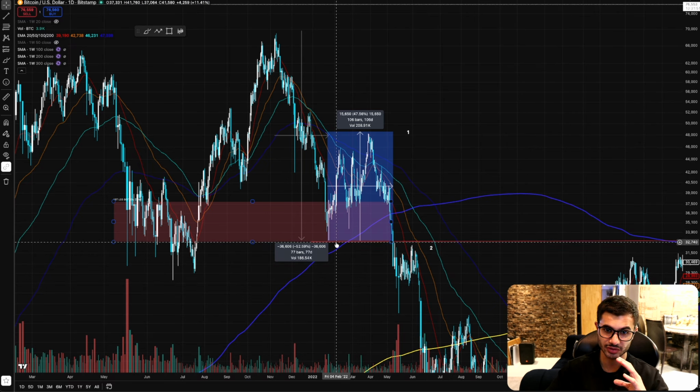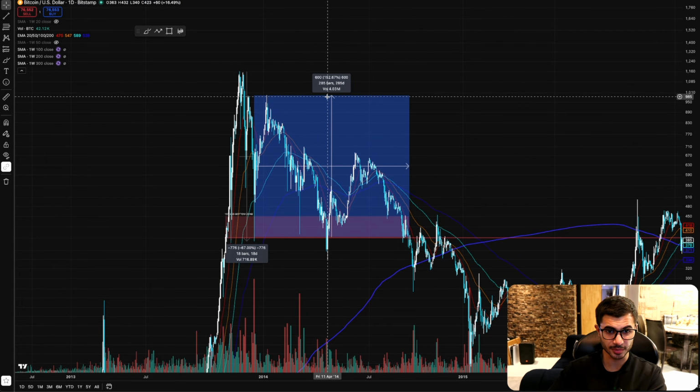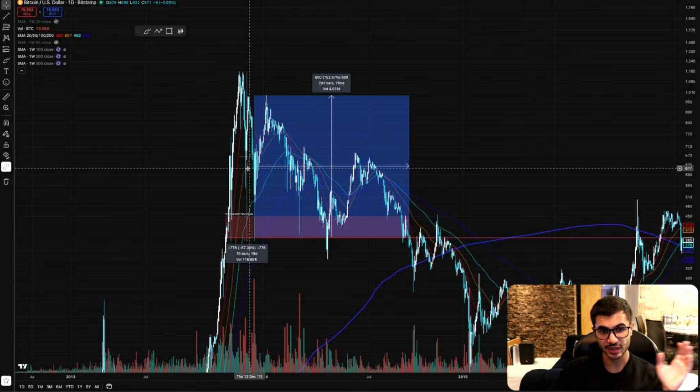So if you take the statistics of all the consolidation periods for Bitcoin, from bottom to top, the percentage move and the duration that has elapsed, you take all that, and then we can form the range right here.